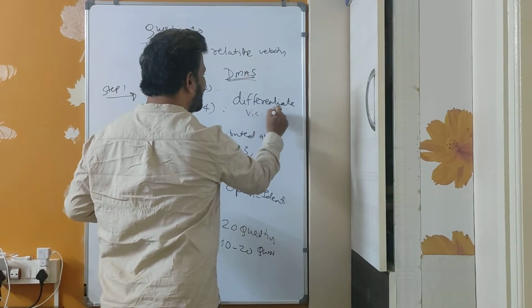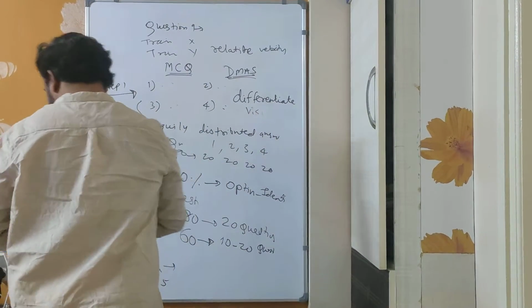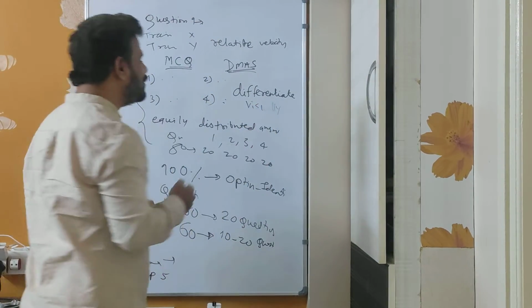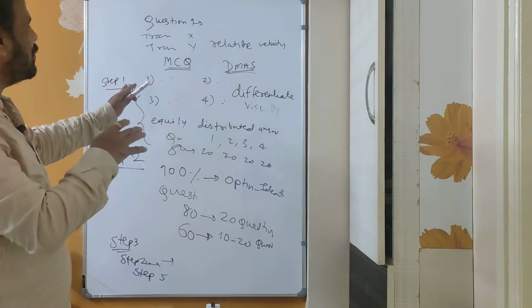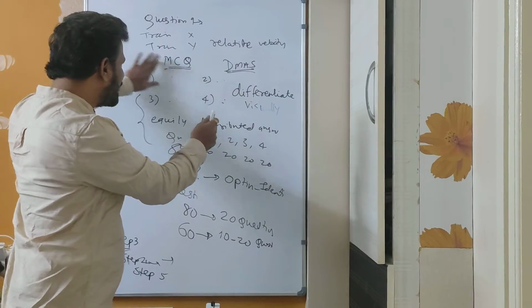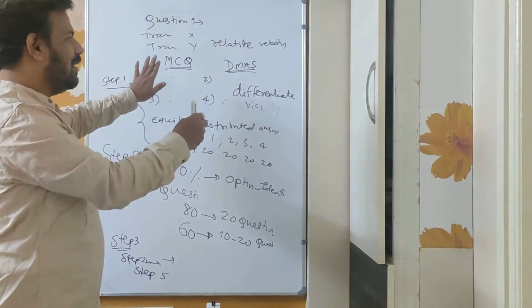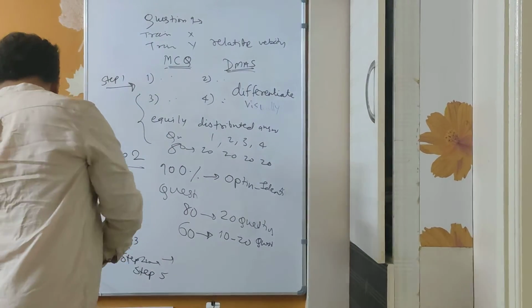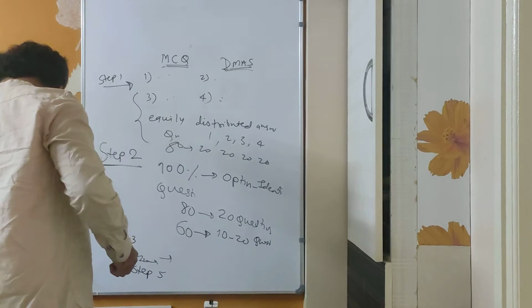Differentiate visually which option seems to be totally different from all the rest of the 3. What do I mean by differentiate visually?